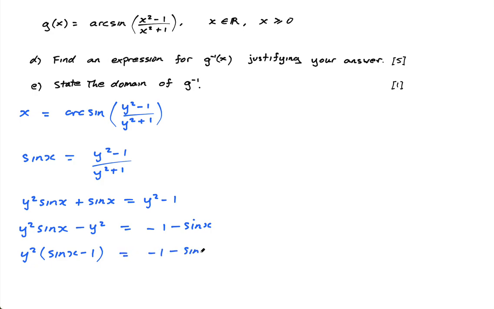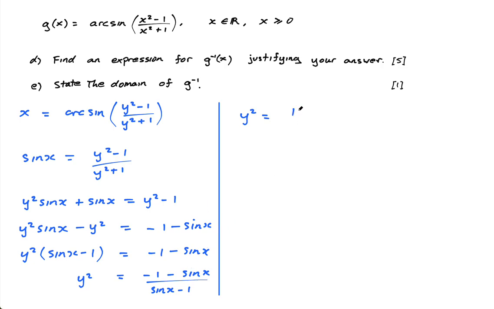This is the same. And then we divide by sine x minus 1. I'll just go up here, guys, to keep it on the same screen. Okay, it probably looks a little bit nicer if we multiply above and below by -1.